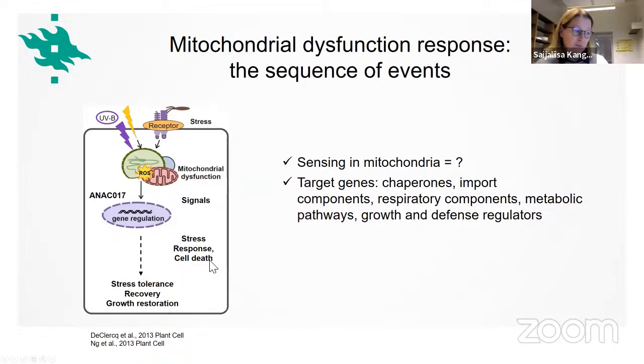And all the stress response and cell death reactions occur during the acute phase of the stress condition. And then gradually later on, when the stress subsides, there should be acquired stress tolerance and recovery from the stress, and again, growth restoration.